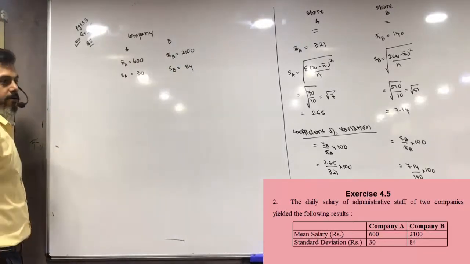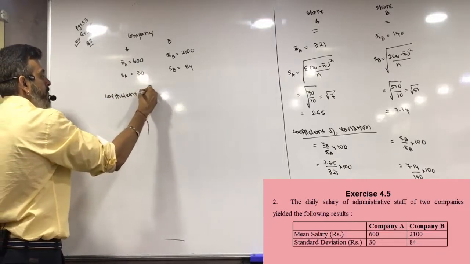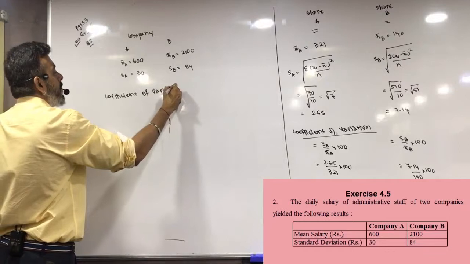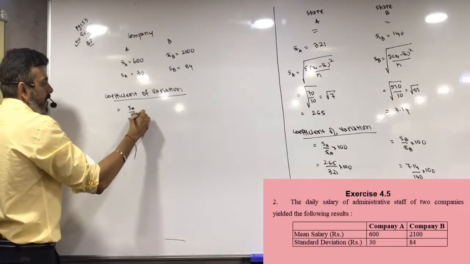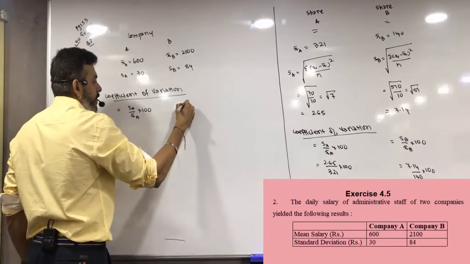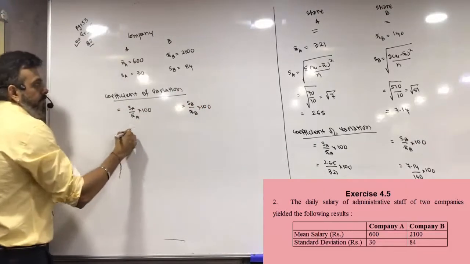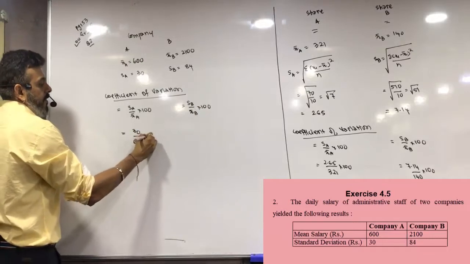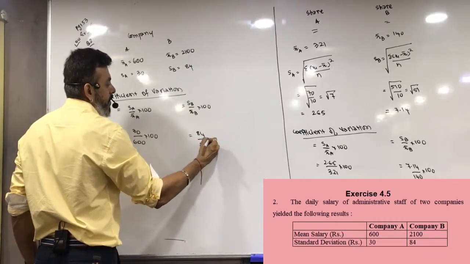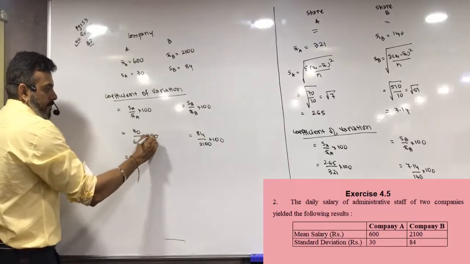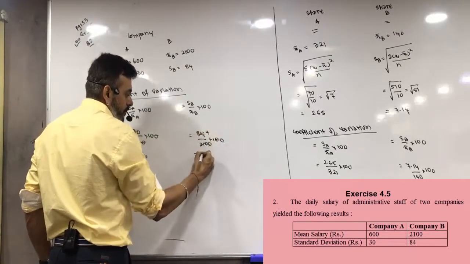When we have to compare, which formula will we use? Coefficient of variation is equal to standard deviation of A upon mean of A into 100, and over here standard deviation of B upon mean of B into 100, which is equal to 30 upon 600 into 100, and 84 upon 2100 into 100: 5%, 4%.